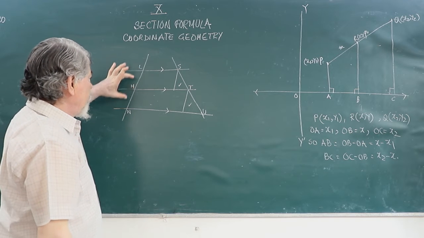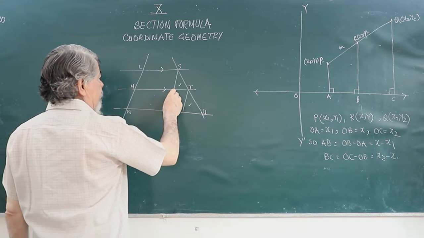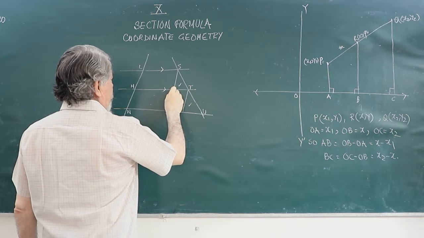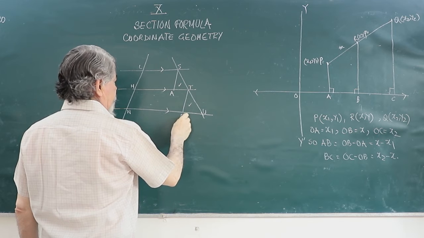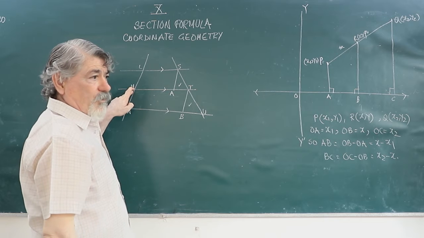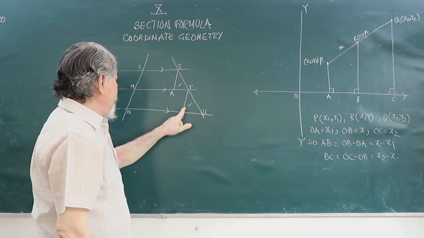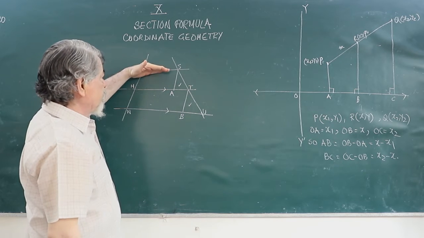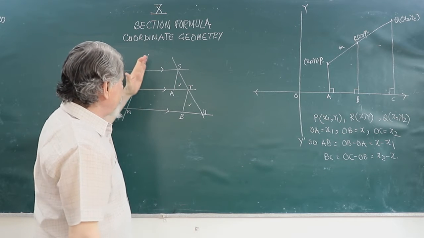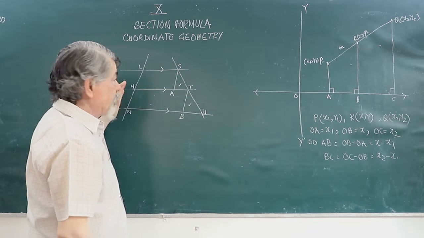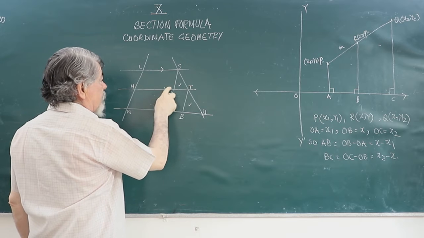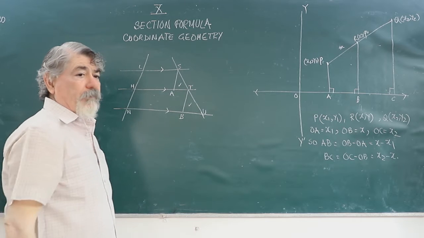If LM was equal to MN, suppose I take the points A and B. So LSAM becomes a parallelogram. Similarly, MTBN becomes a parallelogram, because this line is parallel to this, and I'm making this line parallel to this and this line parallel to this. So obviously both figures LSAM and MTBN become parallelograms.